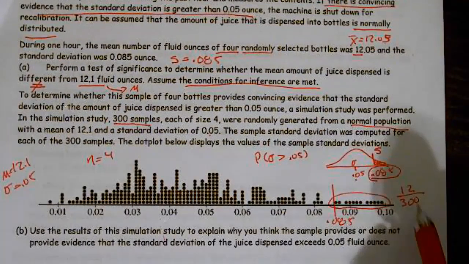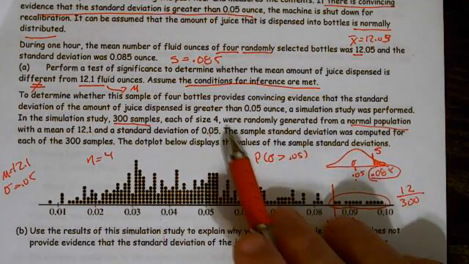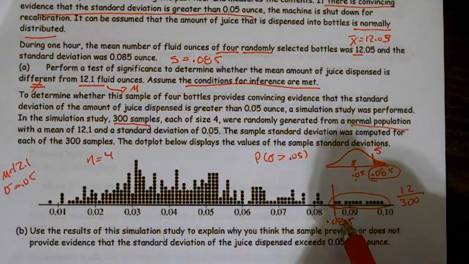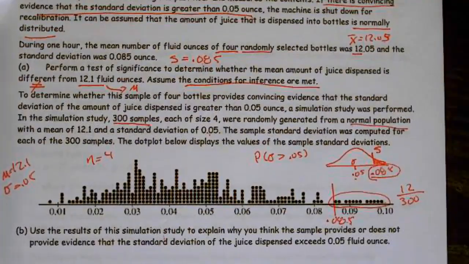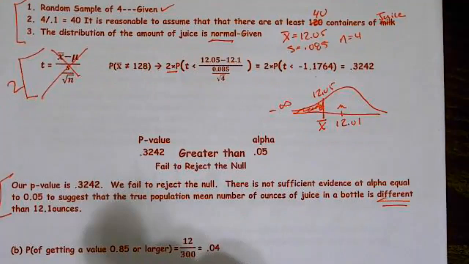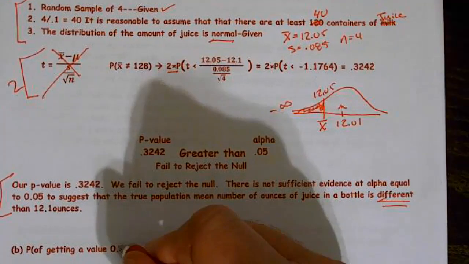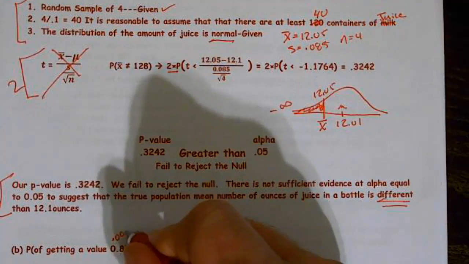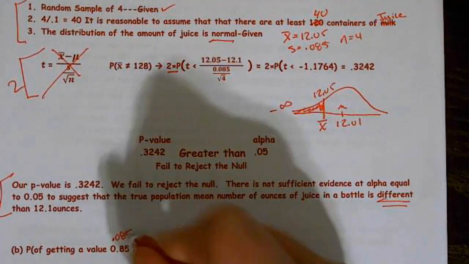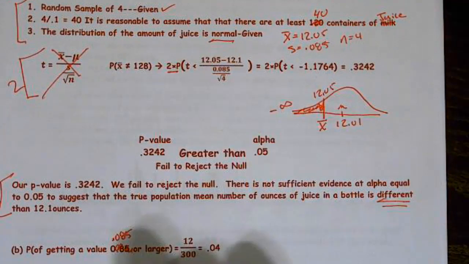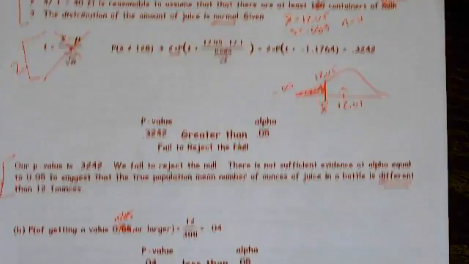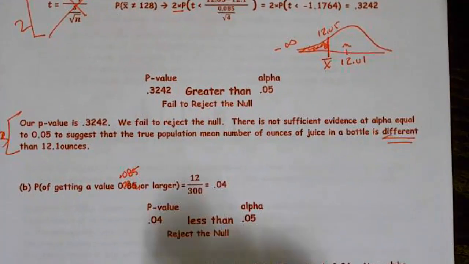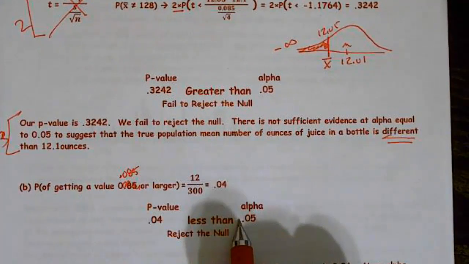So 12 samples of 4 bottles had a variation of 0.085 or greater. All right. So the probability of getting a value of 0.085 or larger is 12 out of 300, which is 0.04. Well, that's a pretty small p-value. It happens to be less than 0.05.